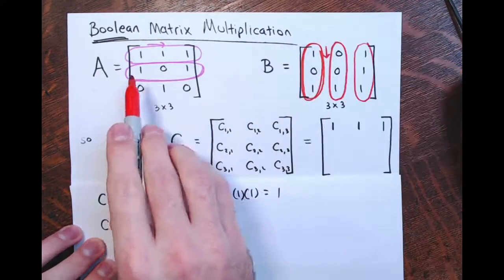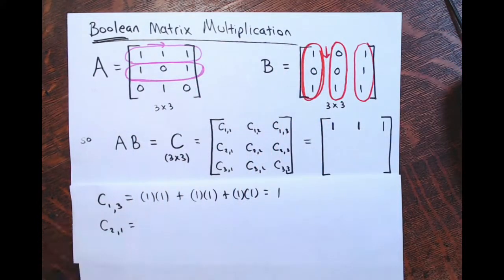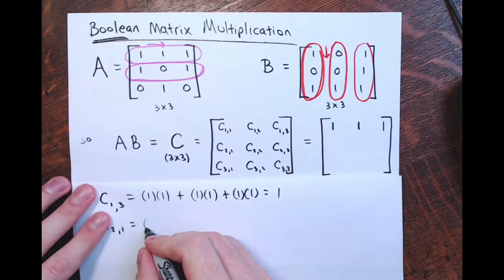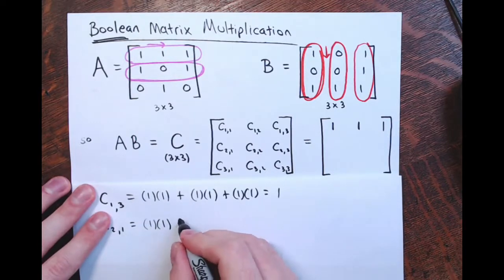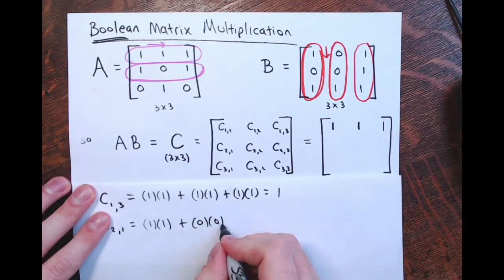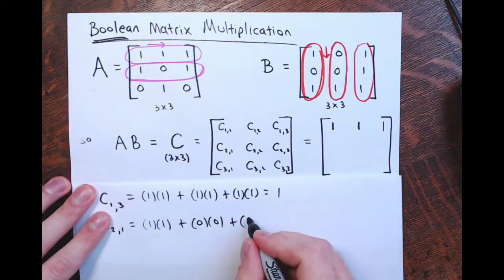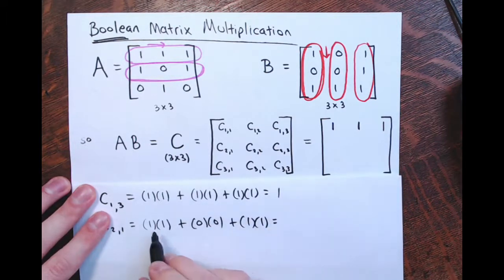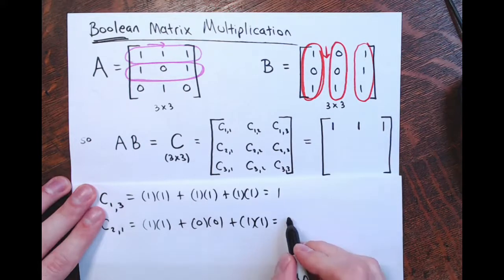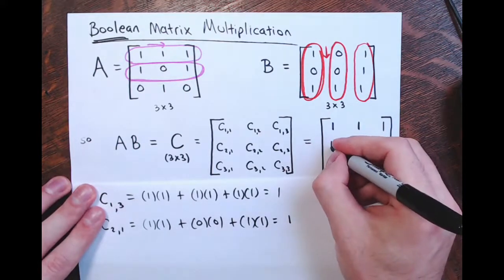So 1, 0, 1 with 1, 0, 1, doing the dot product. So that's 1 times 1 plus 0 times 0, the product of the second entries, plus 1 times 1, the third entries. 1 plus 0 is 1 plus 1 is 1. So 1 again.